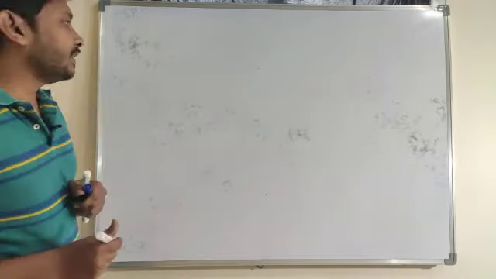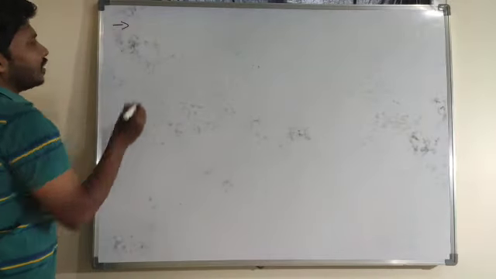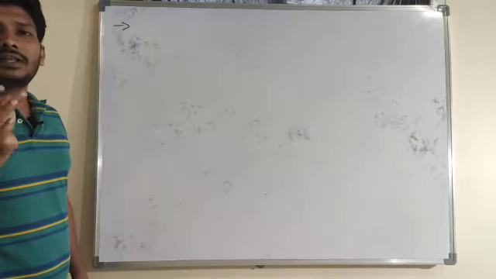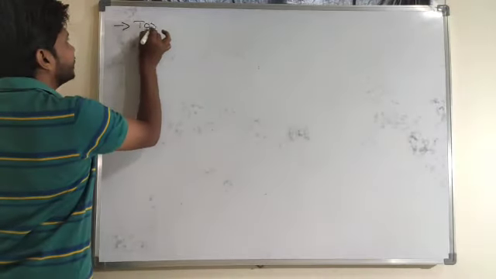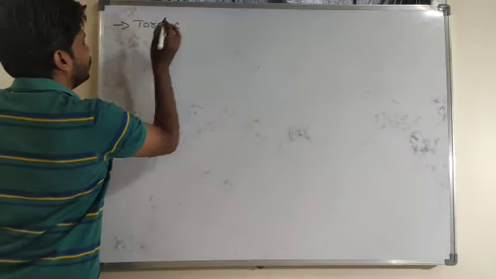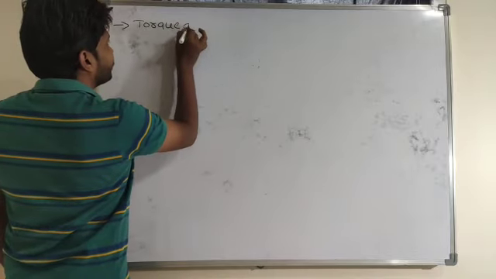So let me start with the torque acting on a rectangular coil when the coil is placed in a uniform magnetic field. Let me consider a rectangular coil here.